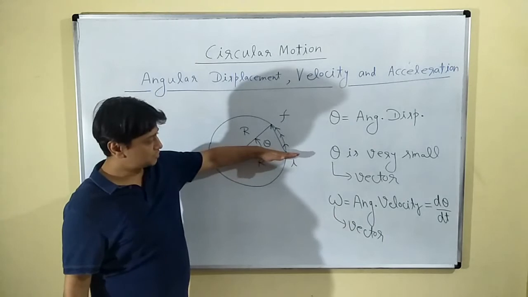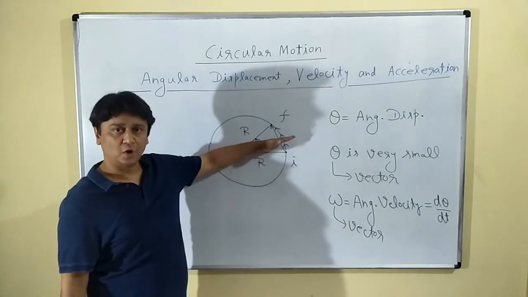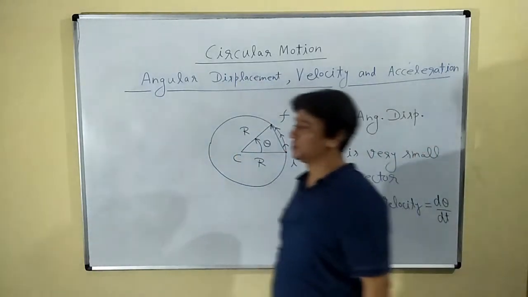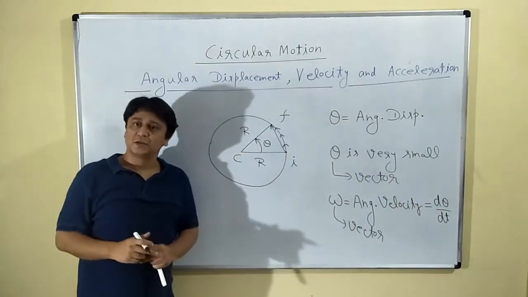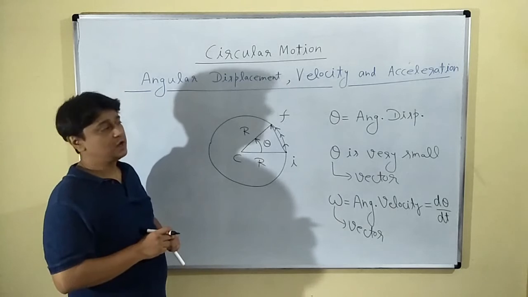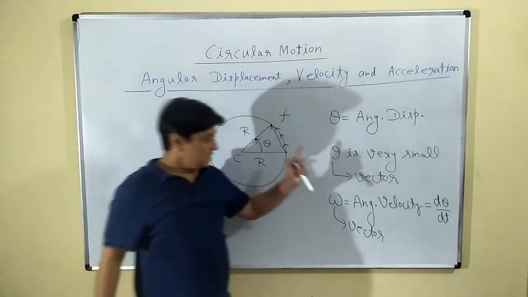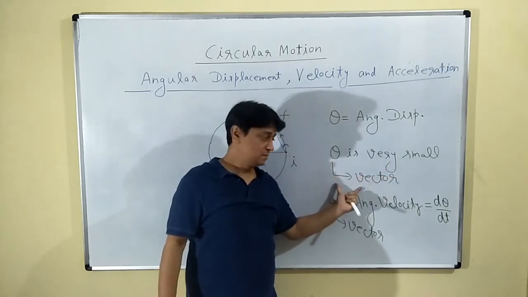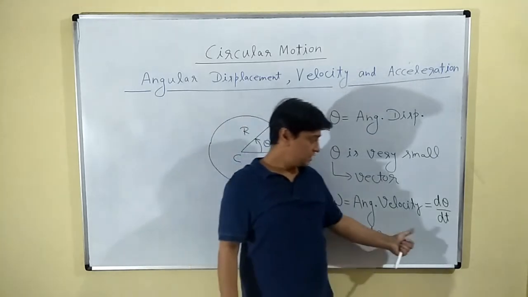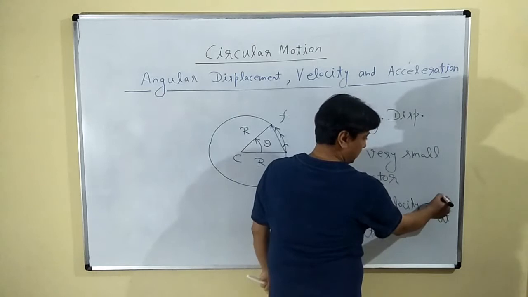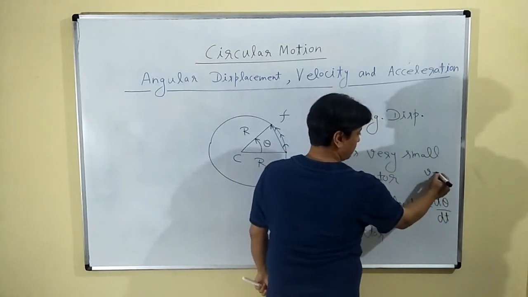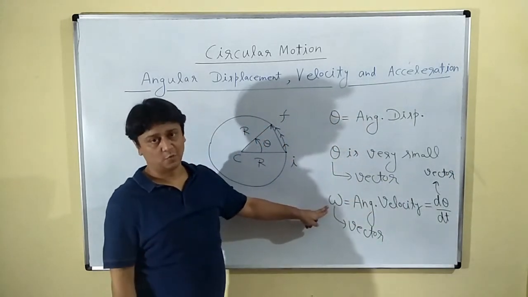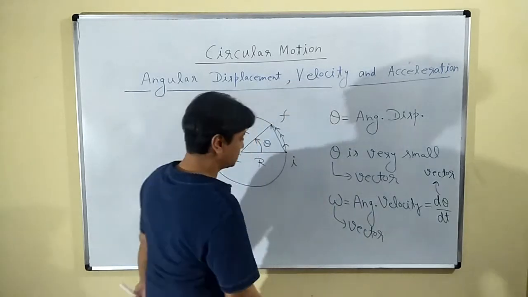But if you move from this position to this position, very small deviation means 0.000000001 degree. इस तरह की छोटी चीज उसको आप क्या बोलेंगे? वेक्टर्स. जैसे ही आपने बोला थीटा इज वेरी स्मॉल एंड इट इज अ वेक्टर, then this omega, which is d theta upon dt, d theta being small becomes a vector, and therefore your omega is also what? A vector.